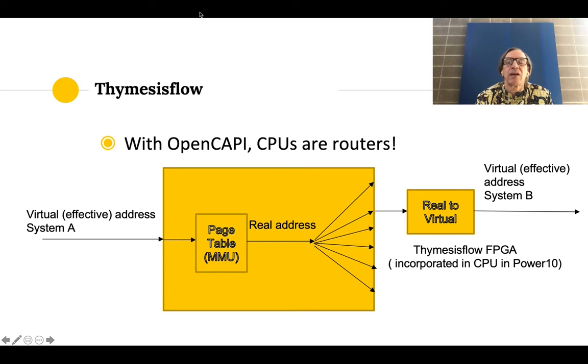left. In Power 10, this capability to go from a real address back to a virtual address is actually incorporated within the CPU itself, and connecting Power 10 processors to each other this way does not require an FPGA.